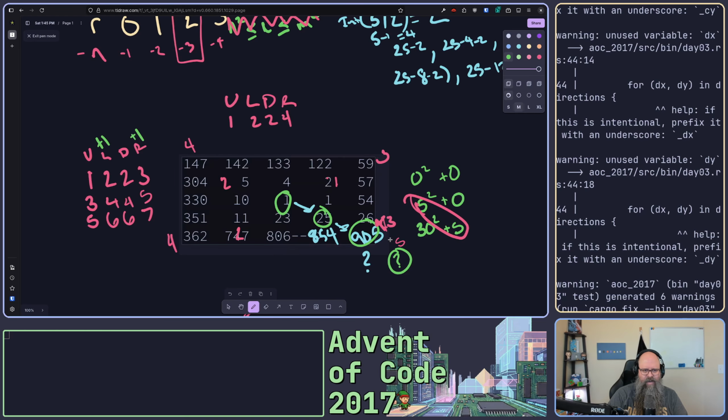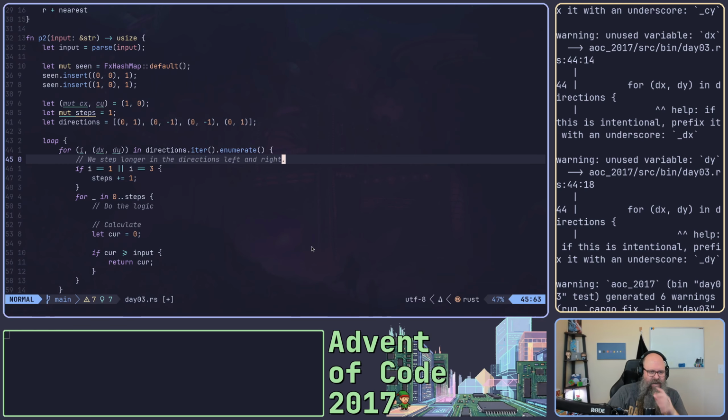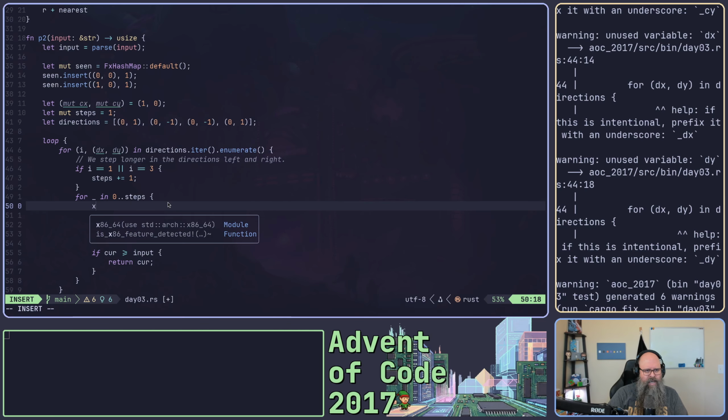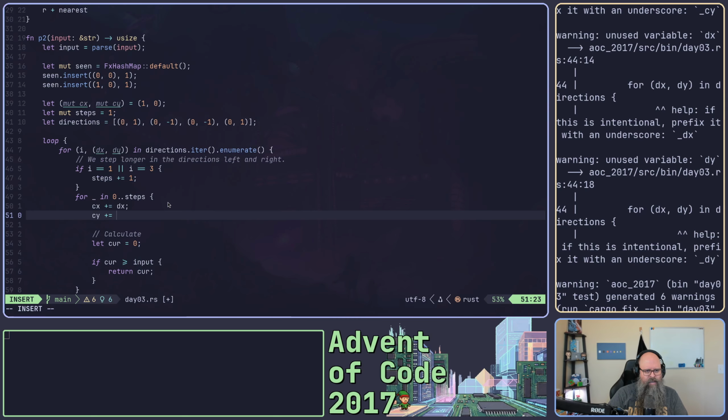It just doesn't seem very intuitive, so that's why I have to keep checking. No one actually wants to keep their data in a spiral grid after this. Oh, this has to be mutable as well. So we say cx plus equals dx, cy plus equals dy.